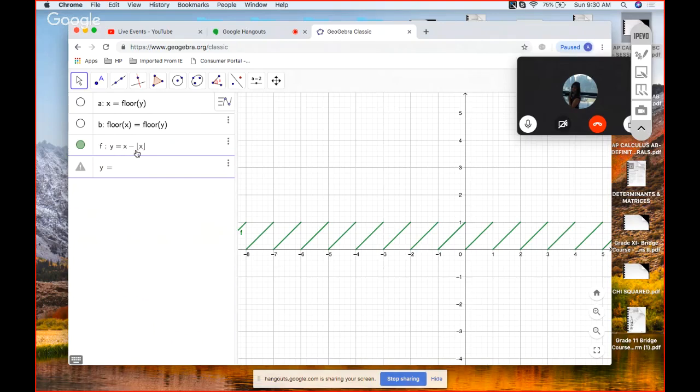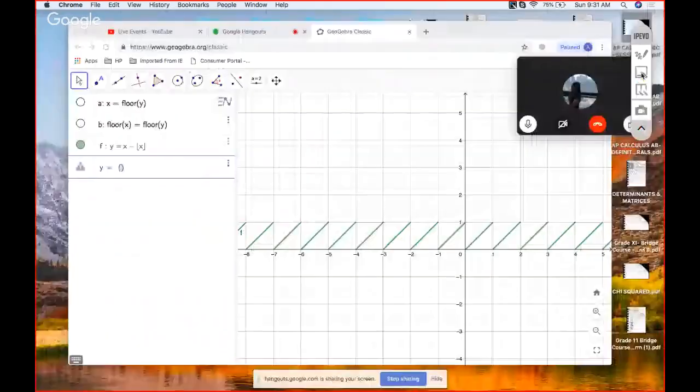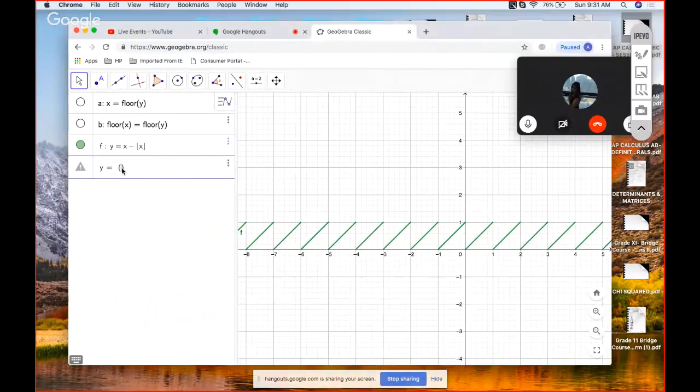No, here the function is slightly different, so again I'll write it. The fractional part of x plus 2 is x plus 2 minus floor of x plus 2.